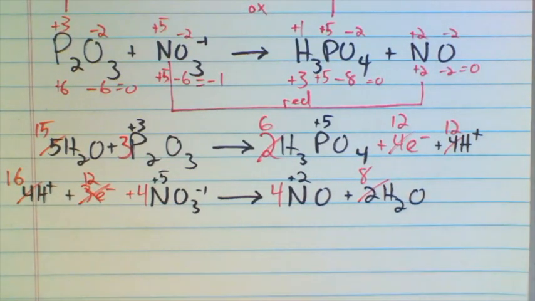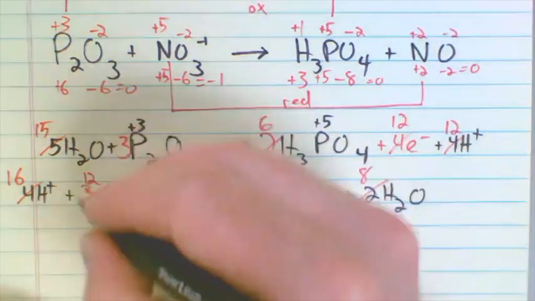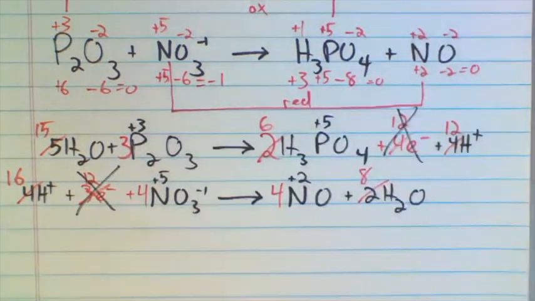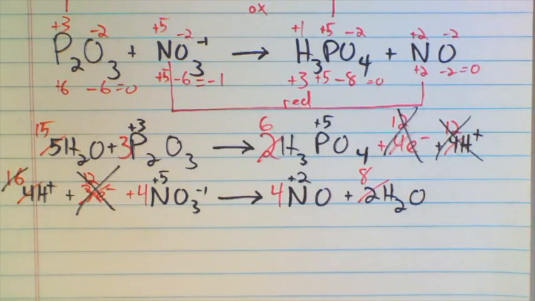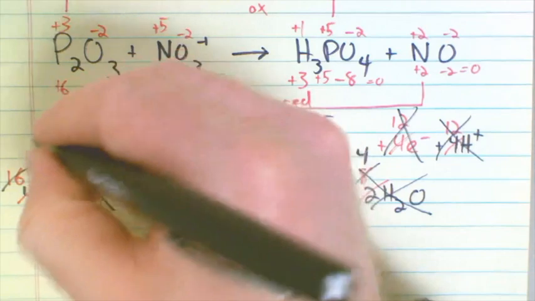Now what's our last step? We've got to cancel. Electrons are gone, right? How about hydrogens? There's 4 left on the bottom. And how about our waters? 7 left on the top left.